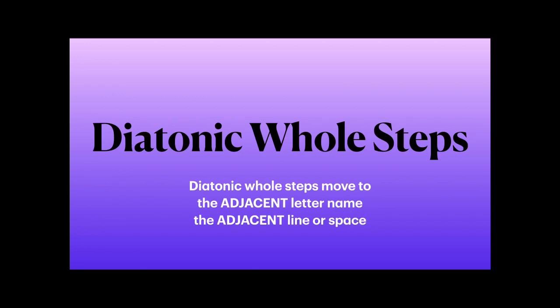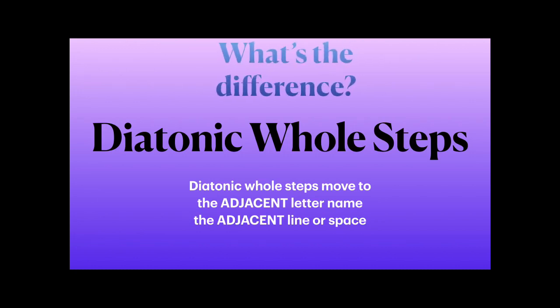Diatonic whole steps move to the adjacent letter name or the adjacent line or space. Now, this might sound familiar to you because we said the same thing about diatonic half steps. So, what's the difference between diatonic half steps and diatonic whole steps?